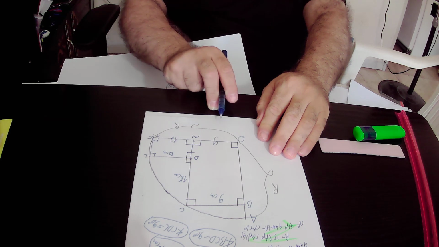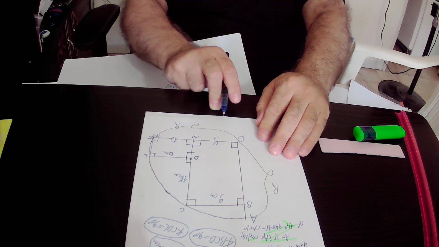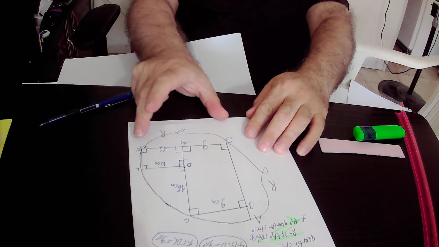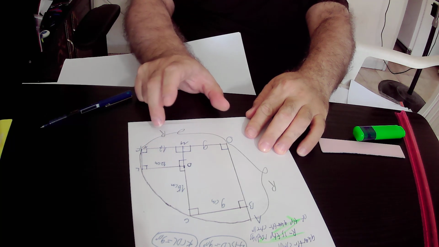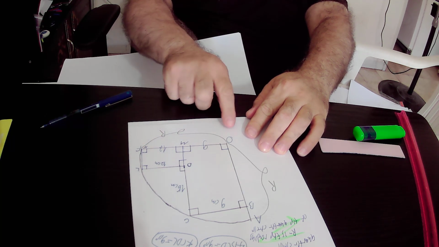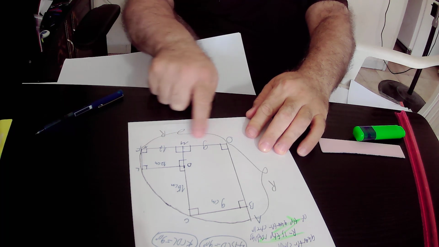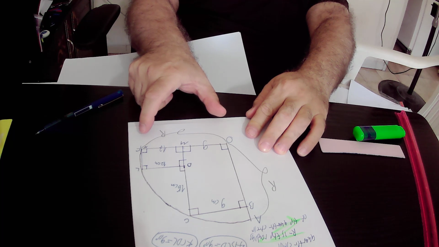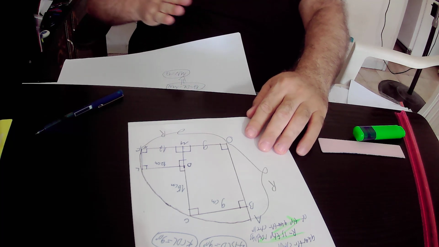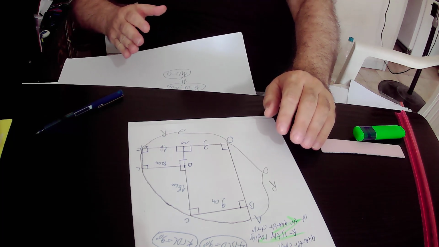But ON is a little bit shorter than the radius OF. Therefore, the answer to the question is not 21.